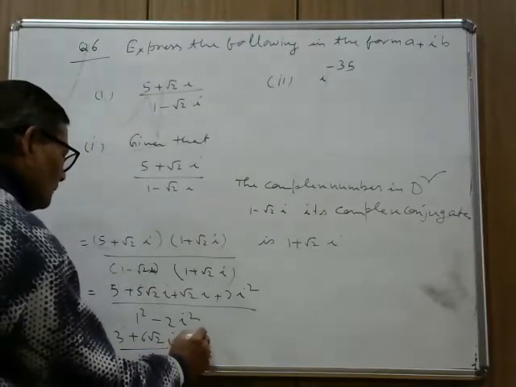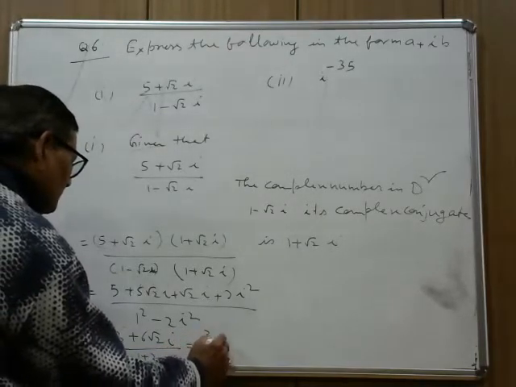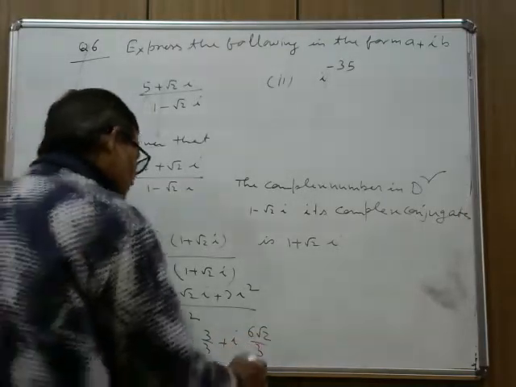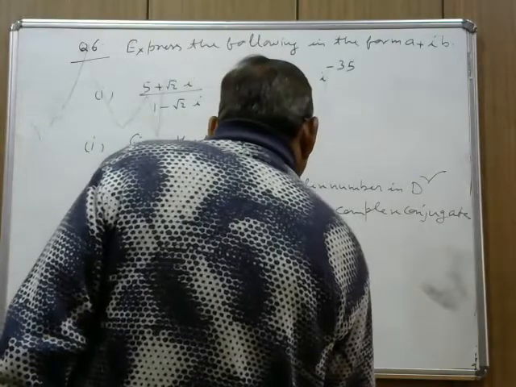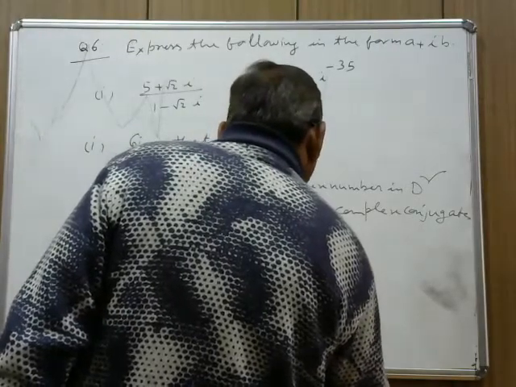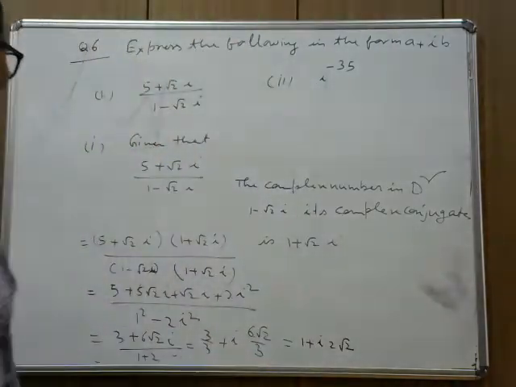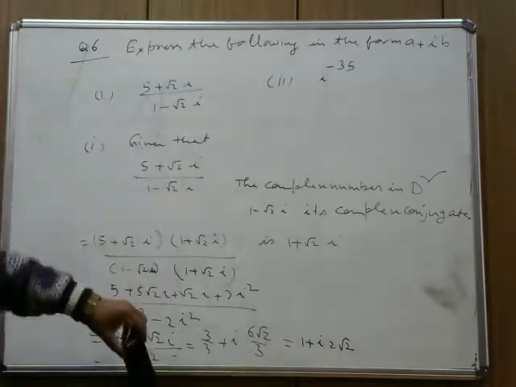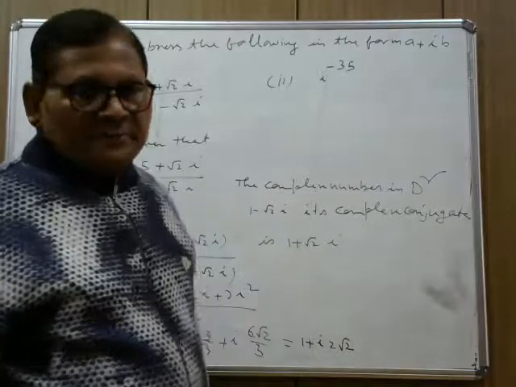That is equal to 3 upon 3 plus i into 6 root 2 upon 3. That is equal to 1 plus i 2 root 2. So in this way, you have solved the given complex number in the form a plus ib.